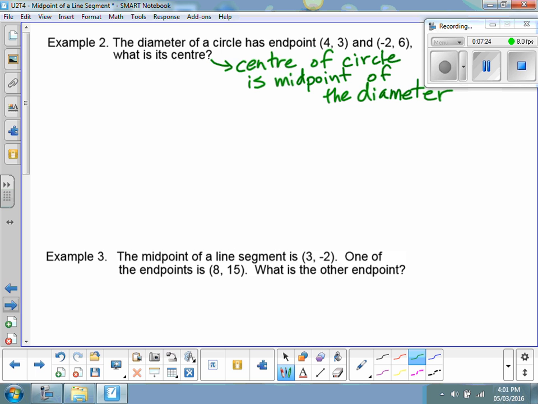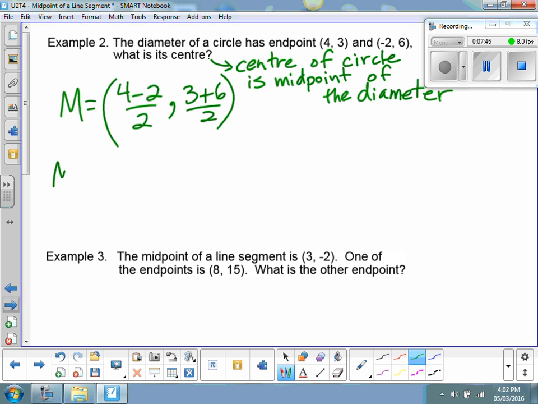So all we need to do here then is plug things into our formula. So remember, we're going to add the x's together and divide by 2, comma, add the y's together and divide by 2. So the average of the x's and the average of the y's. So we're going to end up with 1, and then we're going to end up with 9 divided by 2, and we can just write that as a decimal there.